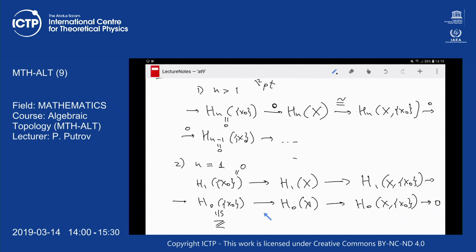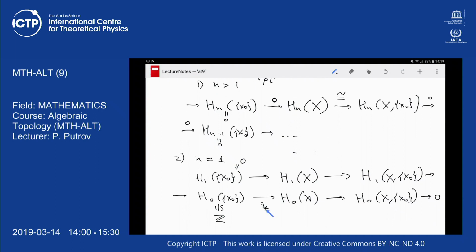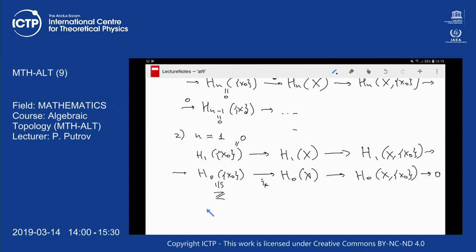What we know is that this map is induced by inclusion. This H_0, the homology group here, is generated by a single singular simplex. There is only one map from a point to X_0, and we know this gives a non-trivial image here. So the image of this generator gives a non-trivial generator here.